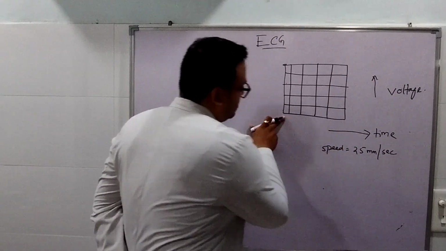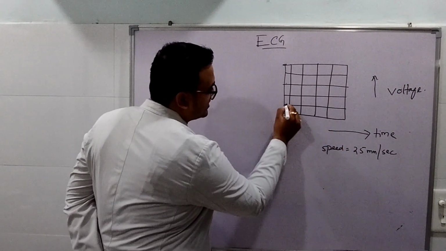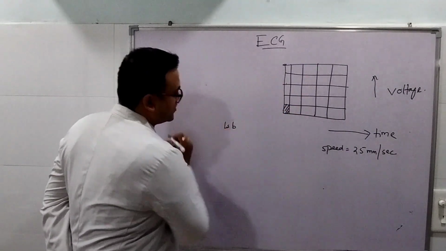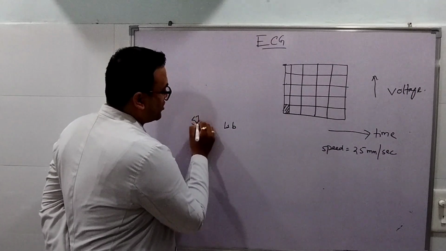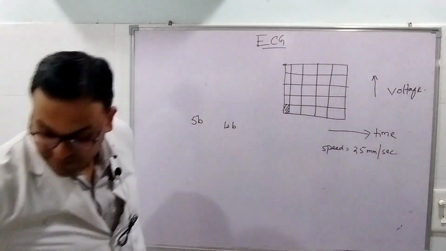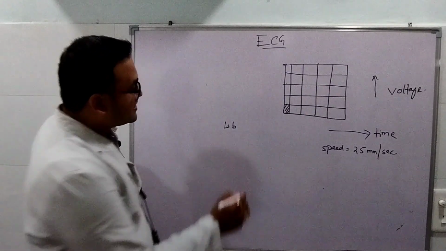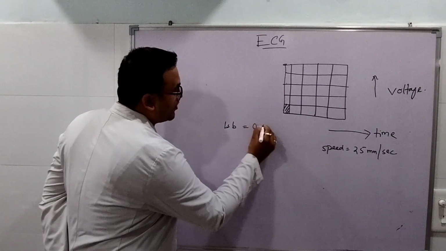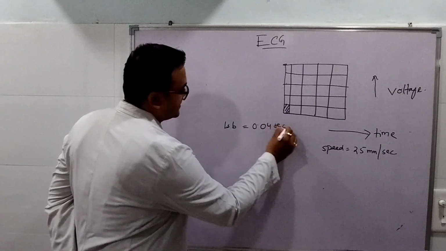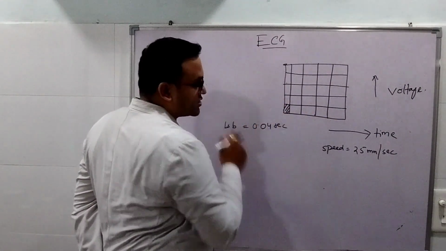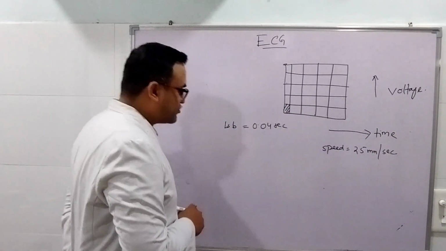If we take time, the horizontal axis, one small box, or we can say five small boxes, sorry, we'll start like this. One small box is equal to 0.04 seconds.